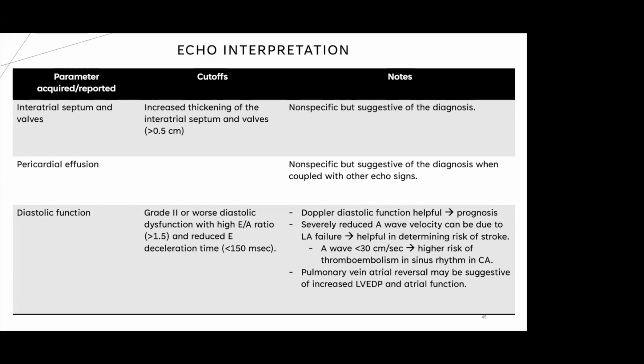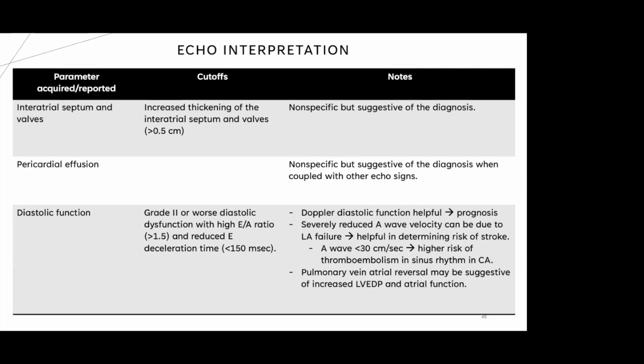Pericardial effusion as well should raise some red flags about cardiac amyloid. And then we spoke at length about diastolic dysfunction, grade 2 or worse. Your E to A ratio is high, greater than 1.5, with a reduced deceleration time. This can be very helpful, not only in quantifying the amount of diastolic dysfunction, but also prognosticating our patients.